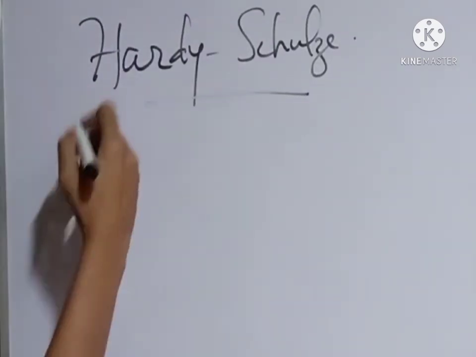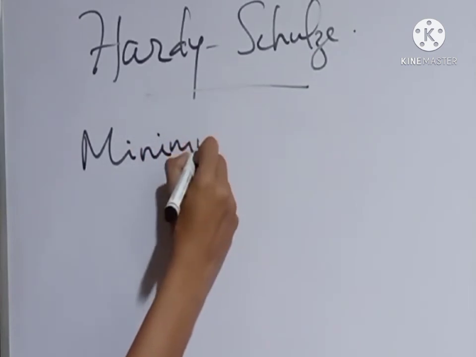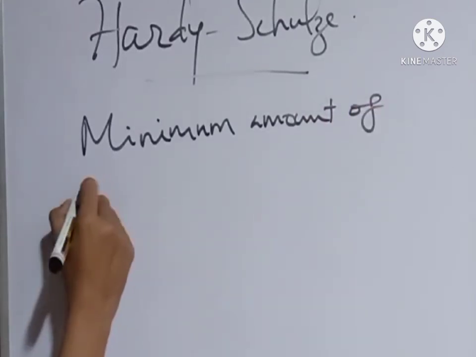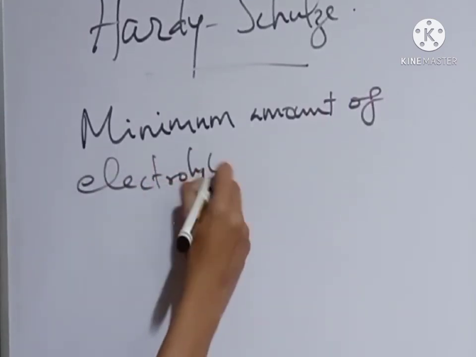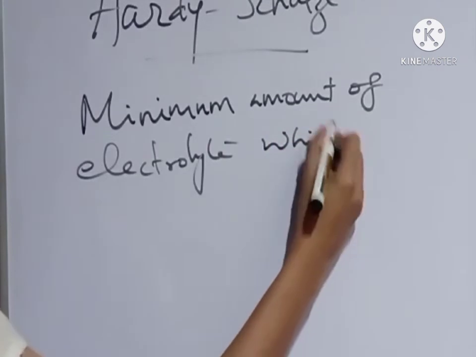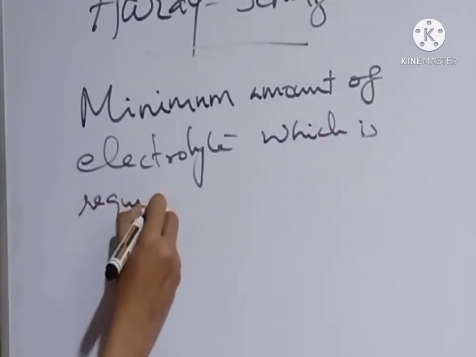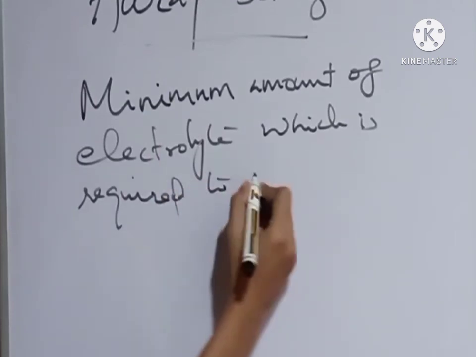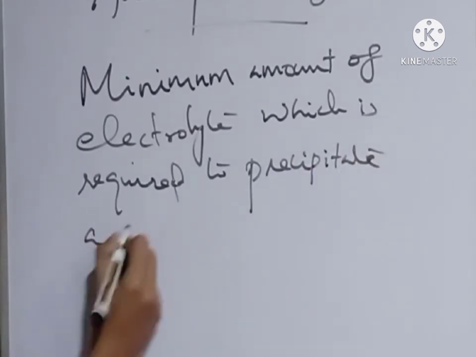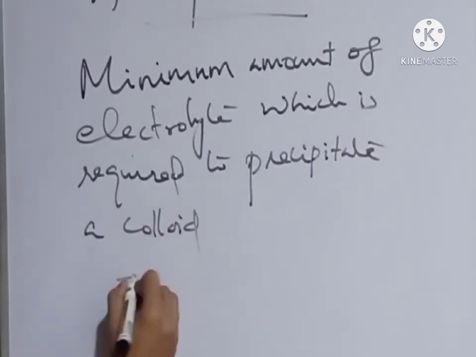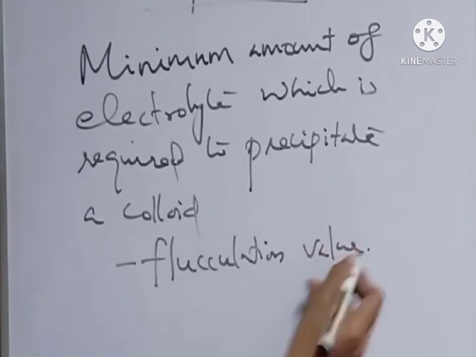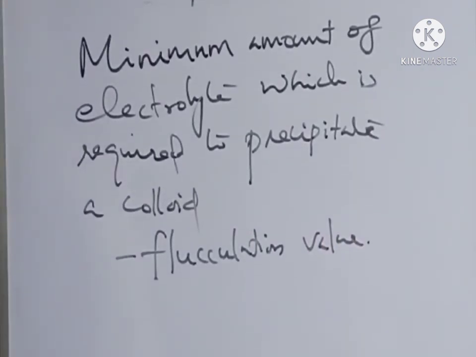And the minimum amount of electrolyte required to precipitate a colloid is known as the flocculation value.